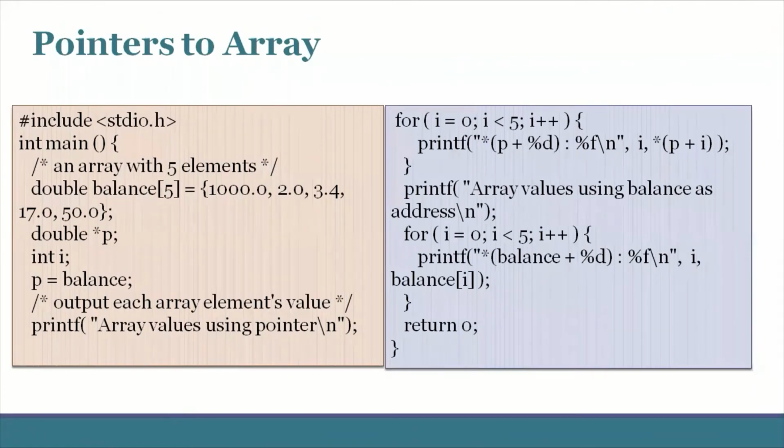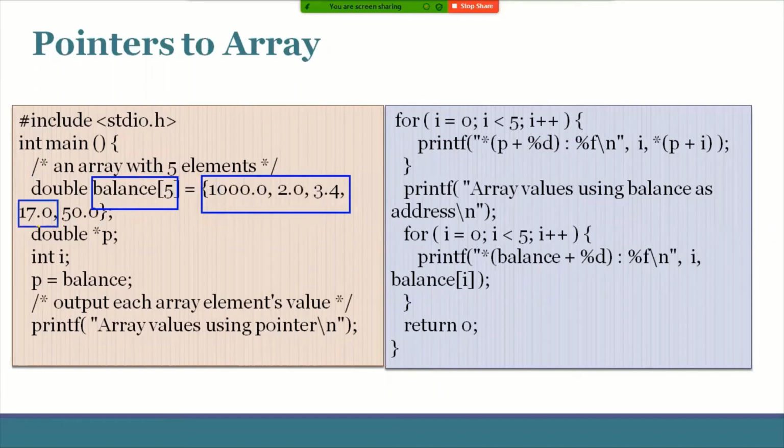Then coming to pointers to arrays, a simple example: the balance array variable is of double type, initialized with different elements, all double type values, and one pointer variable declared, initialized with balance. The address of the array variable is given to the pointer variable, and we need to access those locations. That is, I is initially 0, and p plus I means base address plus 0.